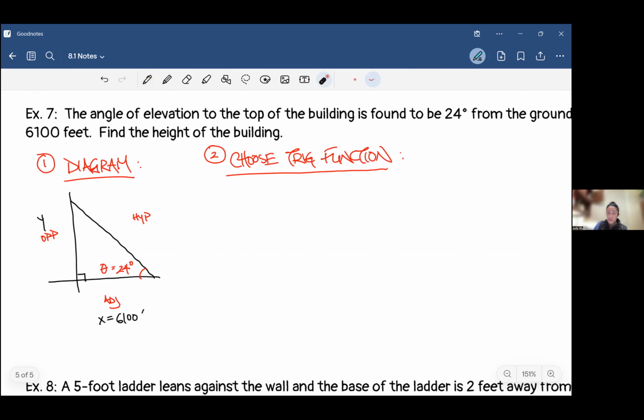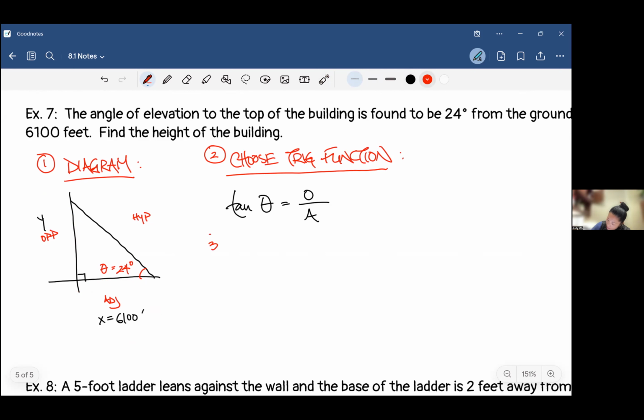Okay, so let's do some thinking here. I have the adjacent, I want to find the opposite. So which trig function talks about opposite and adjacent? Well, that's our tangent: tangent theta equals opposite over adjacent. Okay.